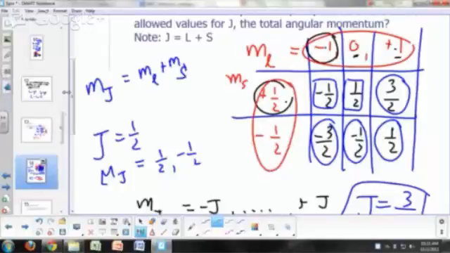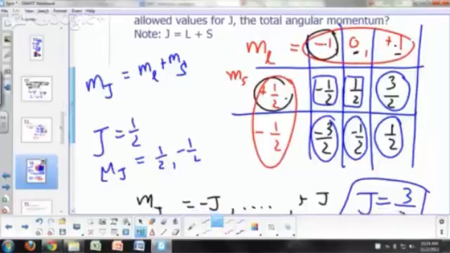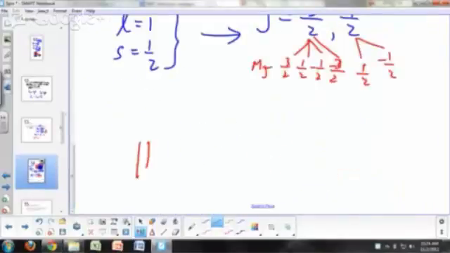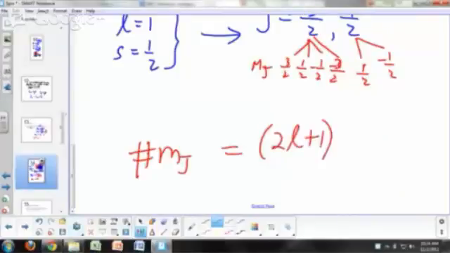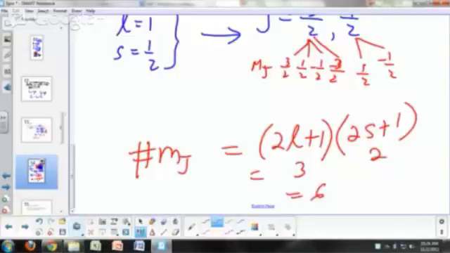That gives you 6 possible m sub J values. In other words, what we're saying is the number of possible m sub J is equal to 2L plus 1, the number of possible m sub L's, times 2S plus 1, which is the number of possible m sub S. In this case, 3 times 2 would be 6. There's 6 quantum states.